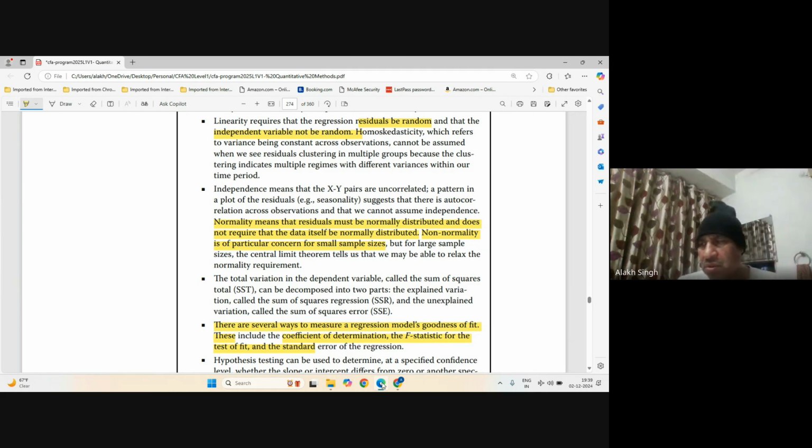So if the error terms are random, it meets the assumption that x and y are independent, or at least the distribution of error terms is normal. Now, the normality is only of error terms.